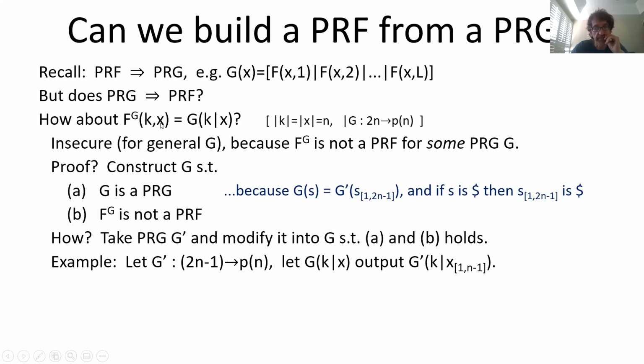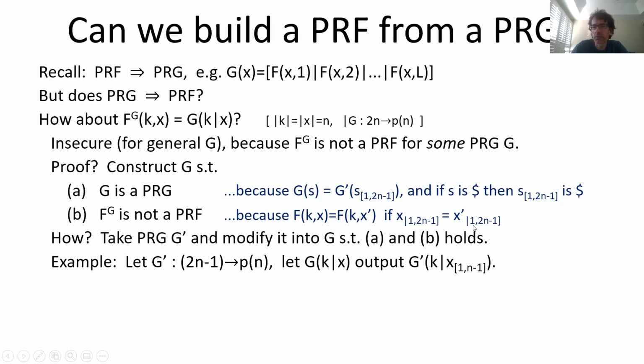So let's take a secure PRG and say that we just run this PRG on all the bits of the seed, K concatenated with X, but with the last bit chopped off. So now this would mean that if you take two different seeds whose last bit differ, then this new PRG has the same output.